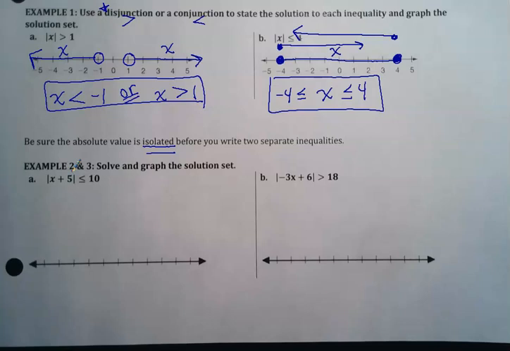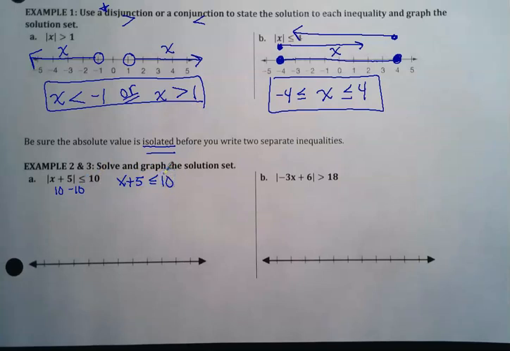So we're saying, the absolute value of x plus 5 has to be less than or equal to 10. So that means the value in here could be 10 or it could be negative 10. We don't know. So we're going to set each of those equal. We're going to say x plus 5 could be less than or equal to 10.